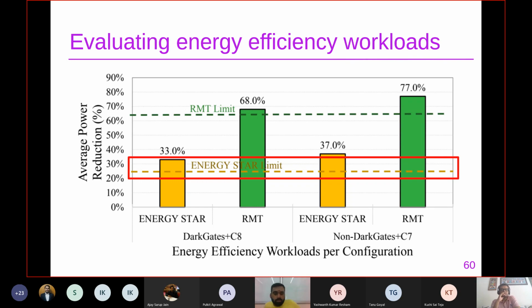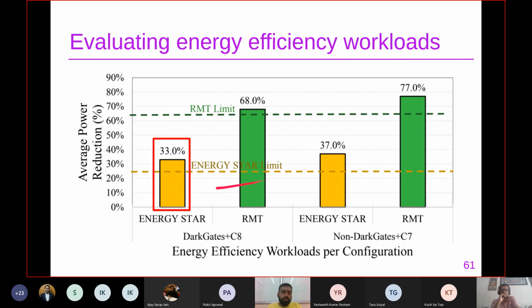Looking at these, there is a horizontal line I have tried to highlight here. The reason is that your energy reduction has to be at a bare minimum up to this limit, otherwise you wouldn't come under the TDP limit.